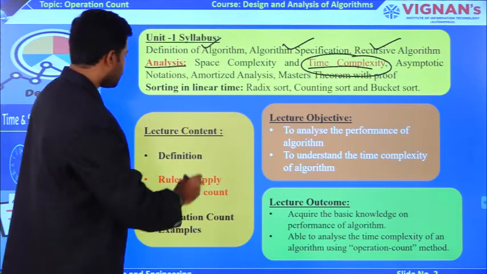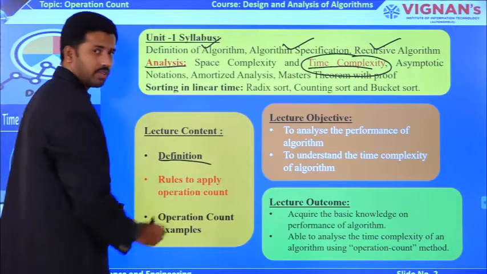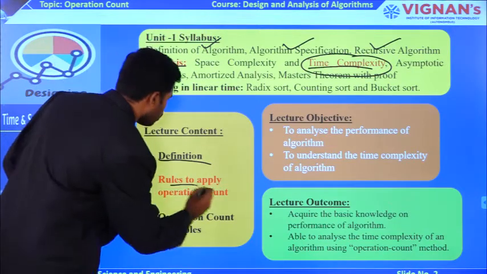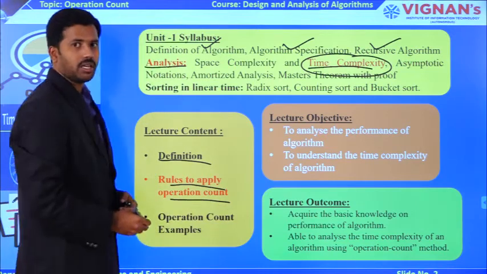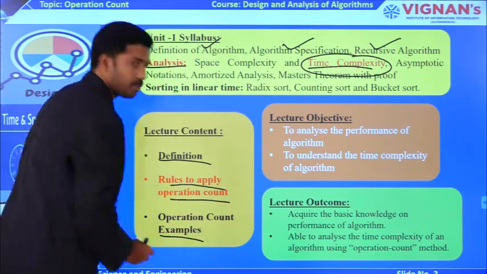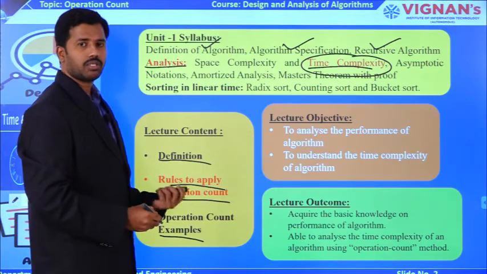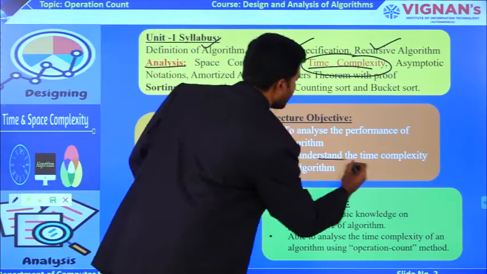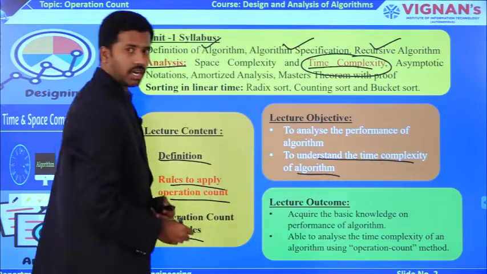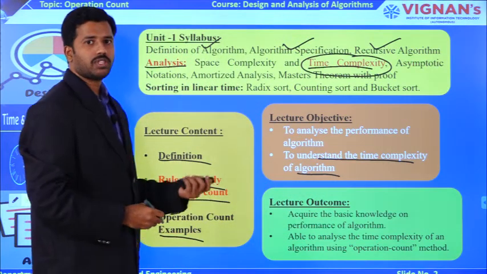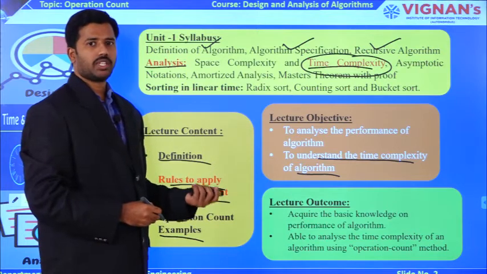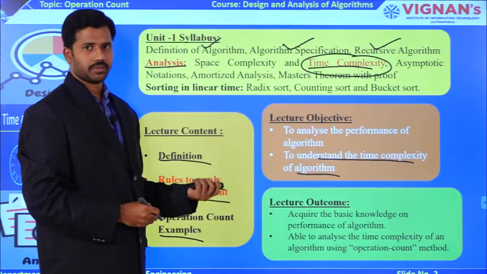In this lecture, we will discuss the definition of the operation count method, how it works, and the rules required to apply it, as well as some examples so that you get clarity. The main objective is to get an idea of how to find the time complexity of an algorithm, and the main outcome is that you will analyze the time complexity of an algorithm with the help of the operation count method.